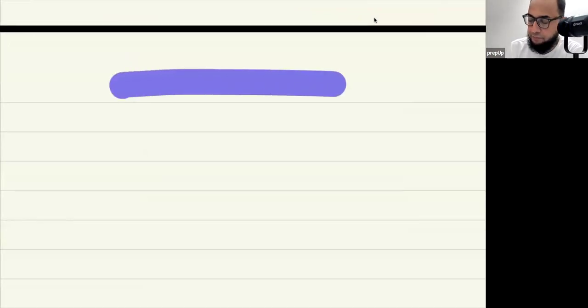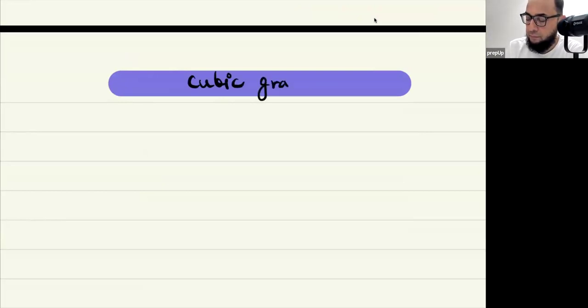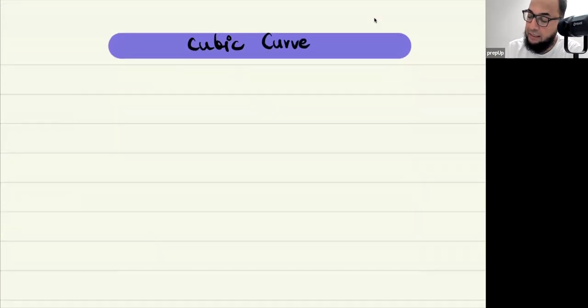Let's move on. Let's talk about the idea of a cubic graph. A quadratic curve, a cubic graph, or a cubic curve. Again, let me draw a table.